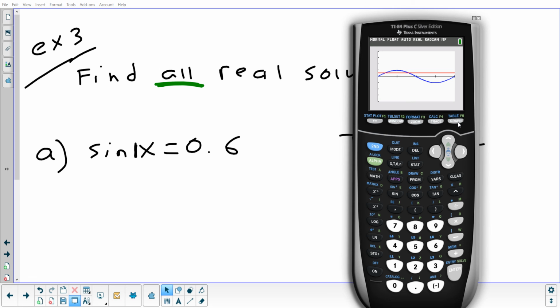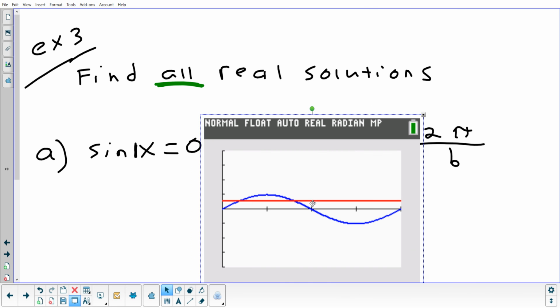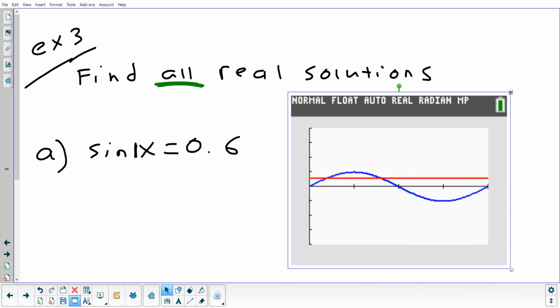All right. So look at that graph. And how many answers do we get per cycle in this problem? 2. There are 2 answers per cycle. 1 here, 1 here. Let's call those 2 answers x1 and x2.